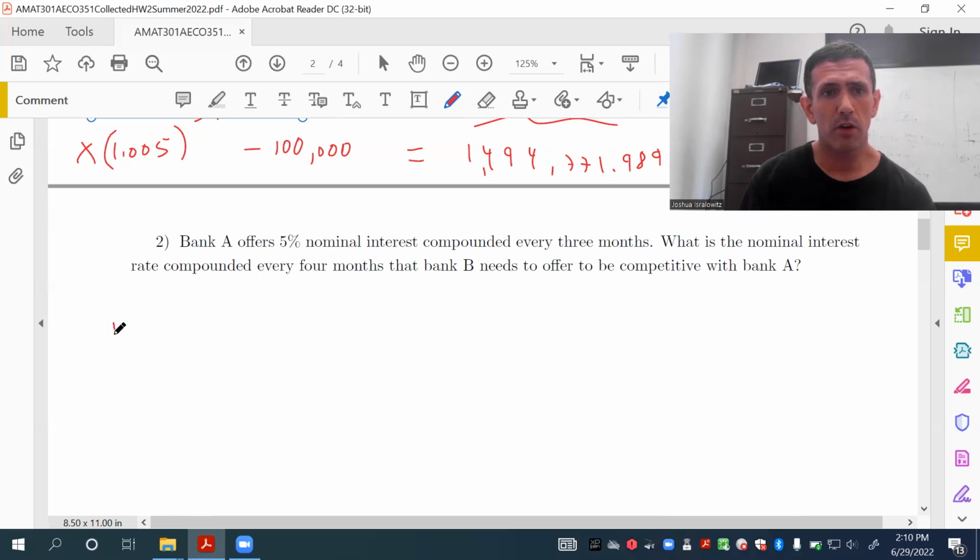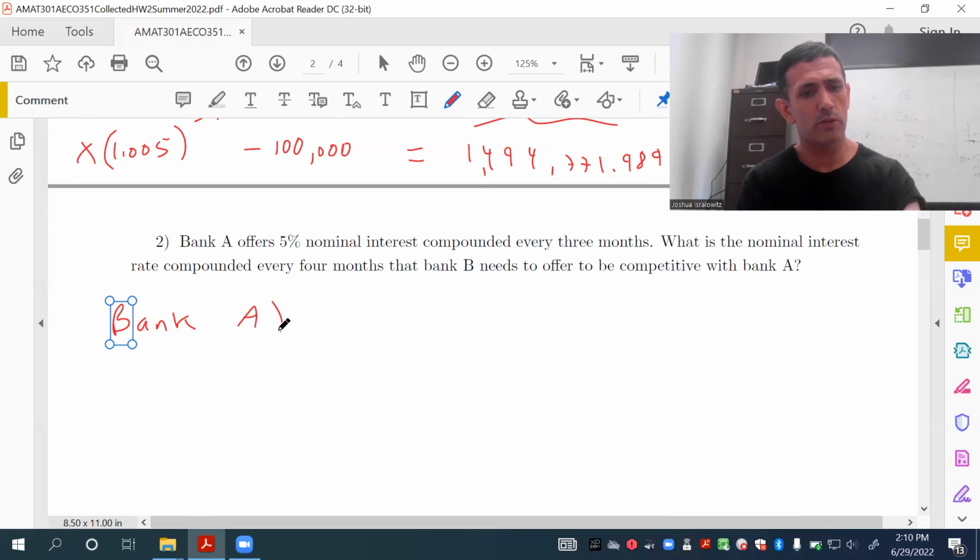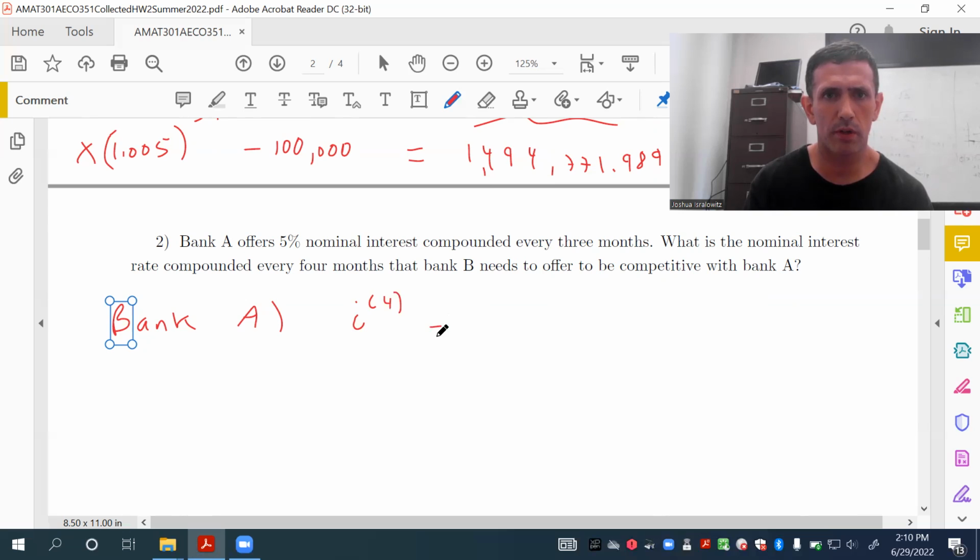Okay, so Bank A, we use our formula. So we have I4 is 0.05.